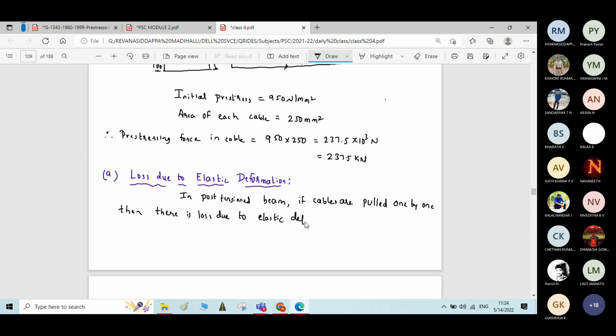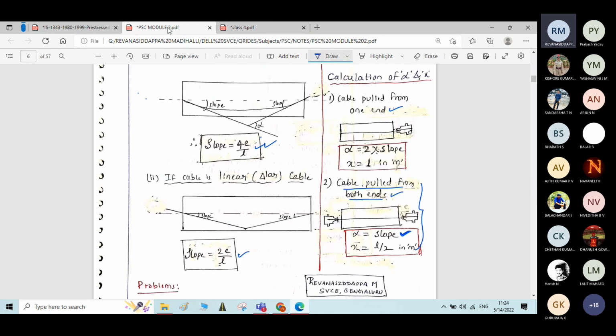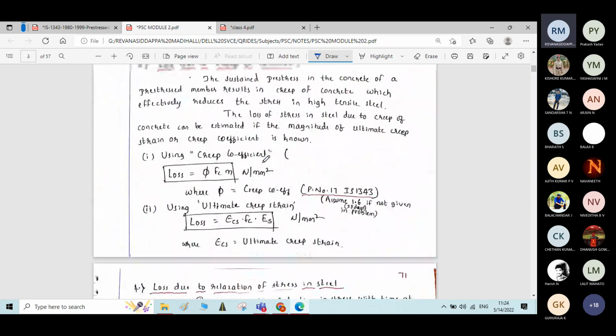You have to calculate the loss due to elastic deformation. What is the formula to calculate the loss due to elastic deformation? Let us see.